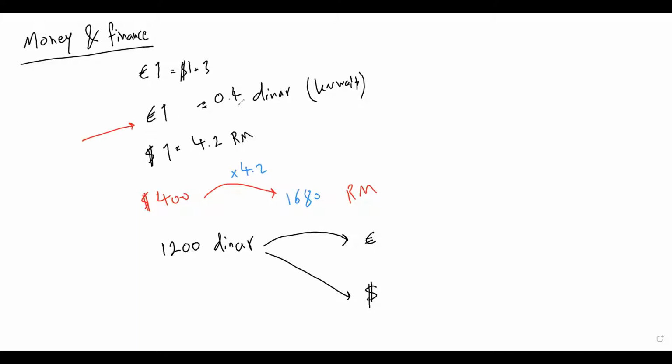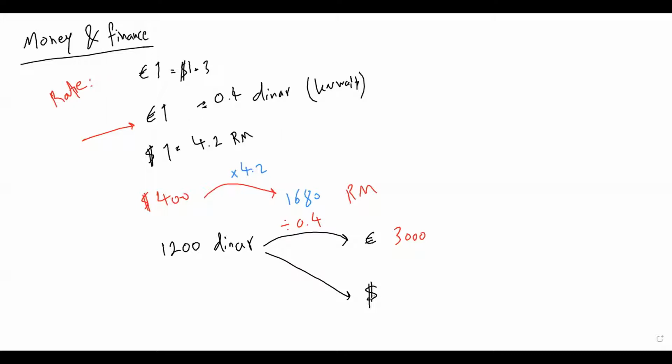So €1 buys you basically 0.4 dinar. Now, this is a matter of division, not multiplication anymore, right? Because you're calculating in reverse, you have to divide it by 0.4. And if you do that, you get 3,000 euro with this current rate. Yeah, this is today's rate.